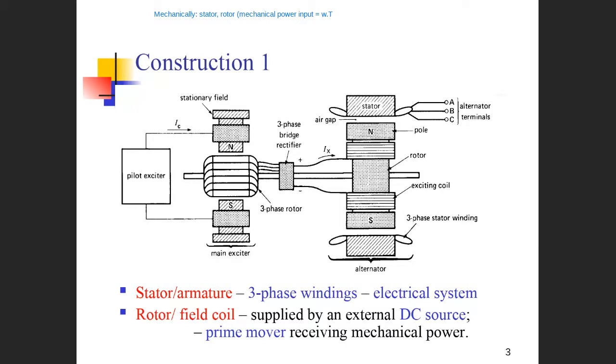This one is to provide a magnetic field, a B, with a current. So this is the field coils.